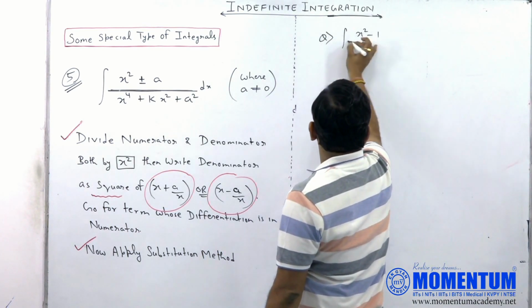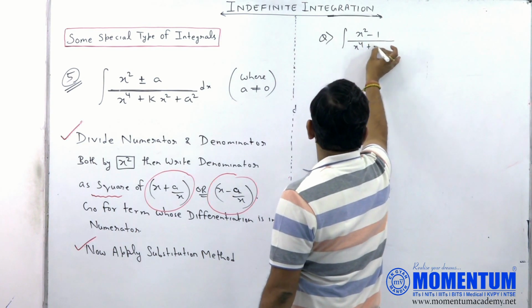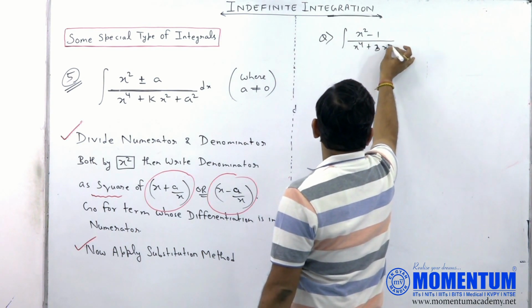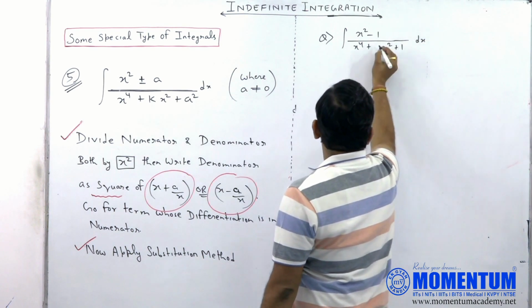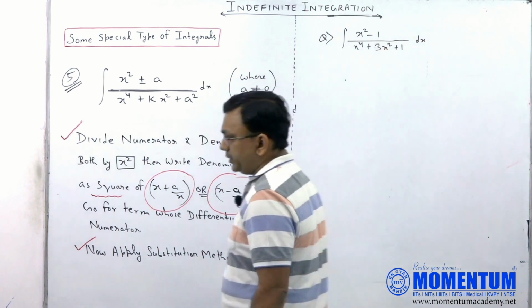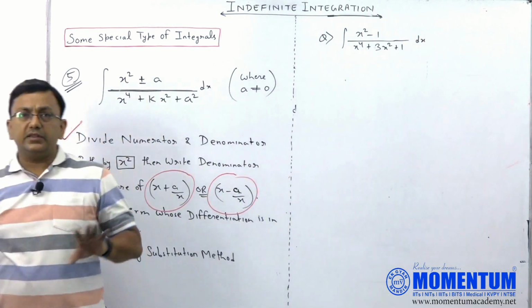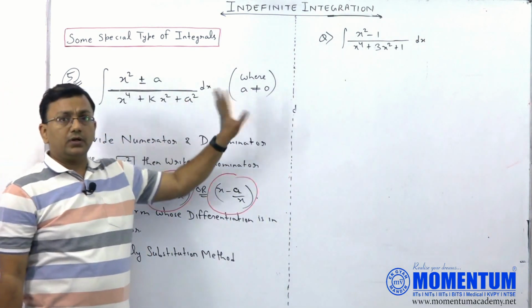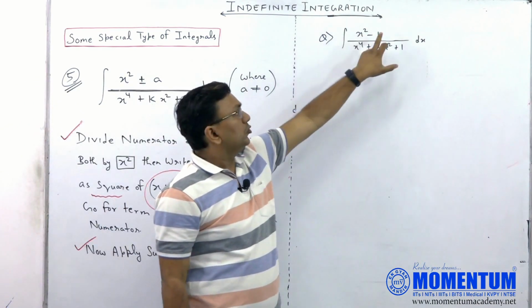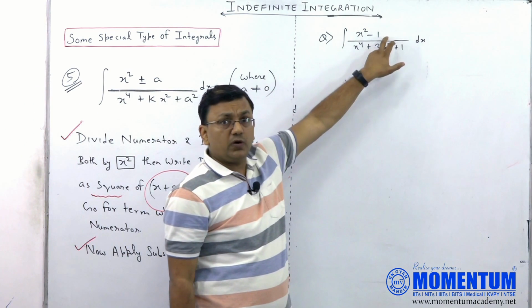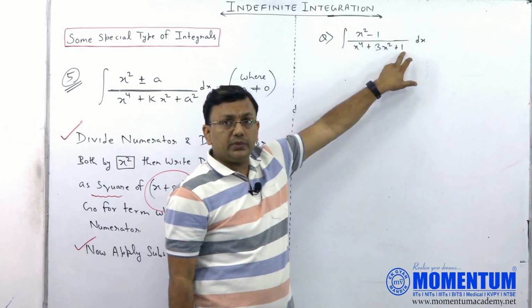Problem, integration of x square minus 1 divided by x to the power 4 plus 3x square plus 1. Fine. First of all, check whether it is a special integral number 5 or not. Numerator has power 2, denominator has power 4. Numerator has 1, uska square 1 also in denominator.